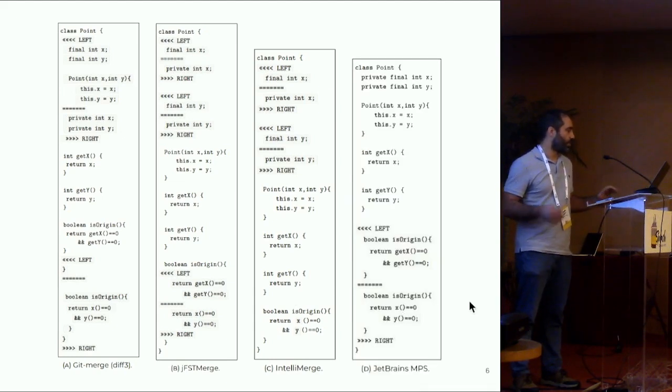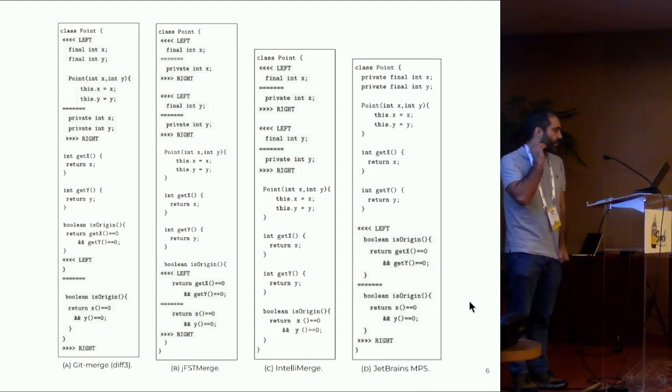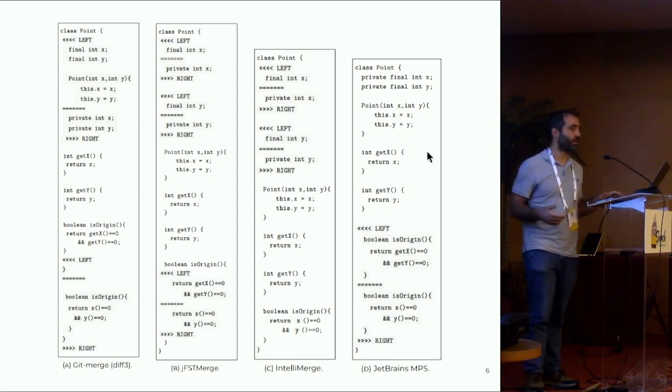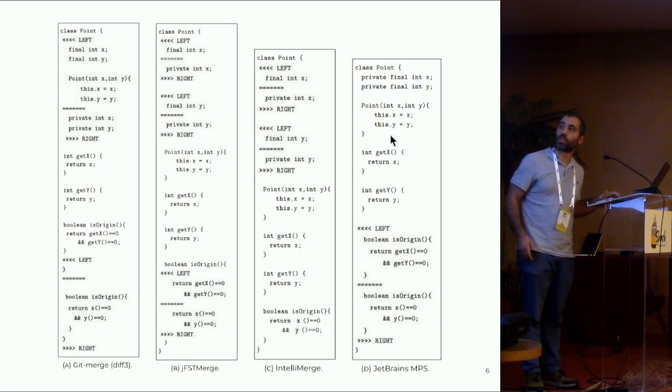We also ran this case in JetBrains MPS. MPS does model-based merging, using their proprietary tool and their models. Here we got no conflict, but here it still failed to see that these two isOrigin methods are in fact expressing the same thing.